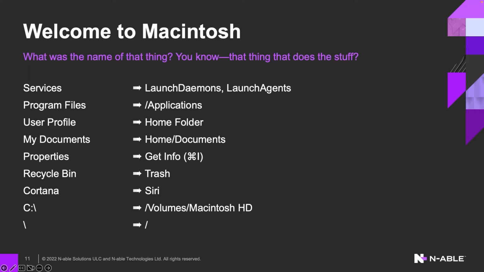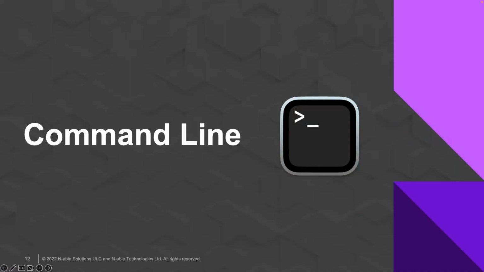So we have volumes like Macintosh HD instead of drive C. We'll also remember that the forward slash is a real thing. Backslash equals Windows, forward slash equals Macs, and that's what we're going to be dealing with today. This does become relevant as we will be scripting a lot, and if you're anything like me, halfway through a script you slip back into old habits, the script doesn't work, and you start scratching your head. So let's be aware.